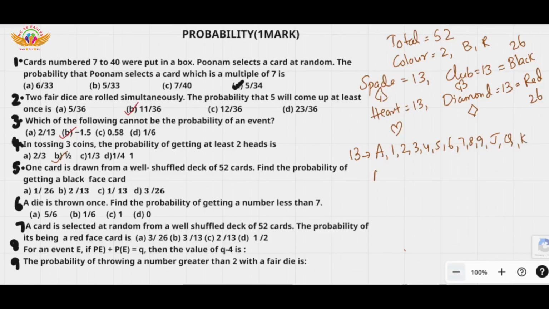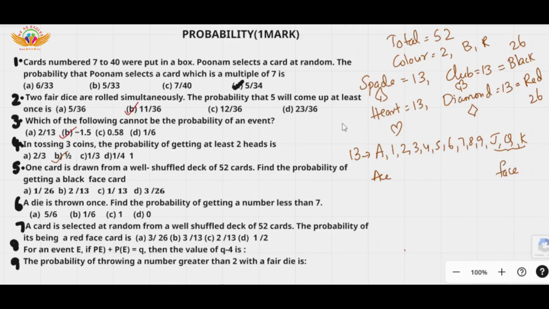So A means Ace, J means Jack, Queen and King. This Jack, Queen, King, we call them face cards. So every shape, spade has 13 cards, club has the same 13, heart has 13, diamond also has 13 cards.